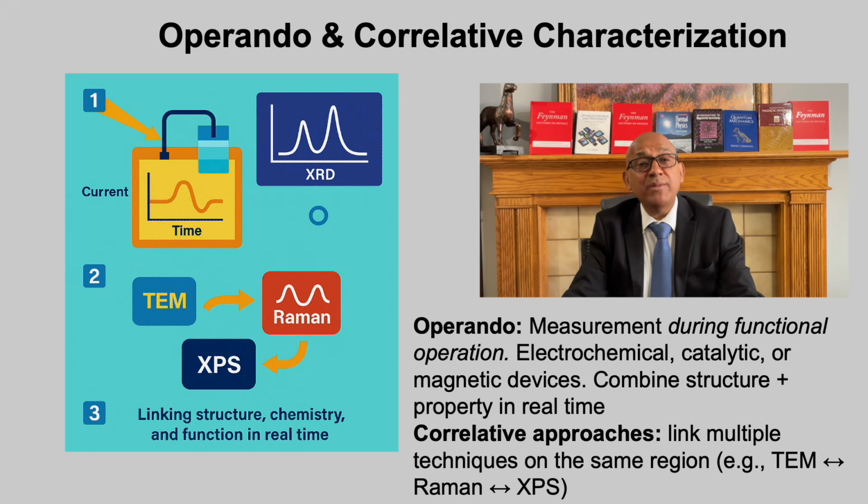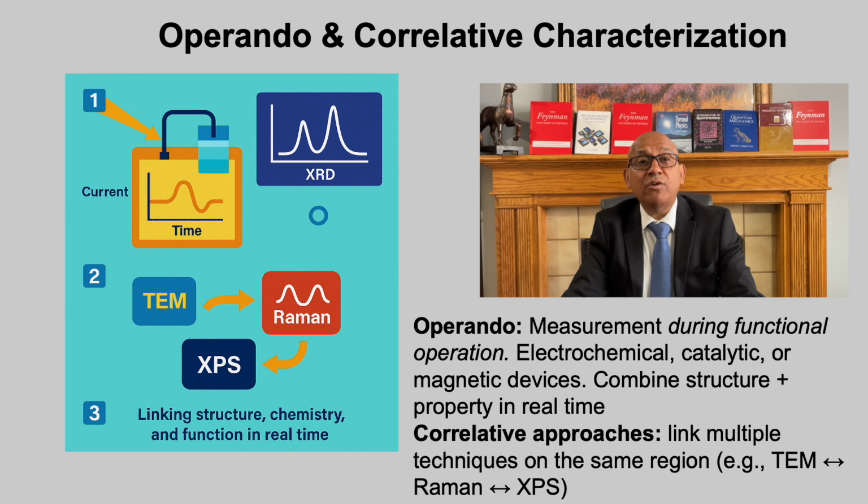In situ experiments allow us to observe changes during external stimuli. Operando characterization goes one step further, probing materials while they perform their intended function. Operando means studying a material while it performs its function.